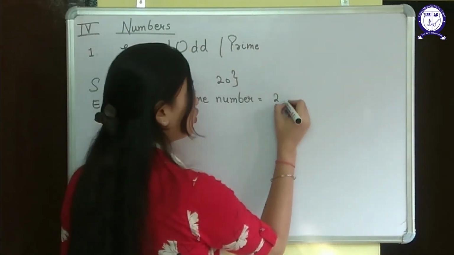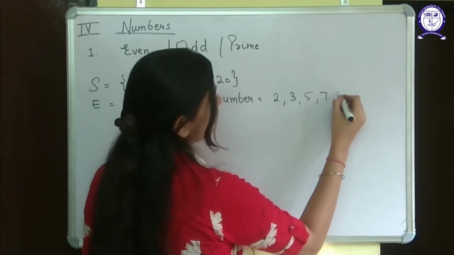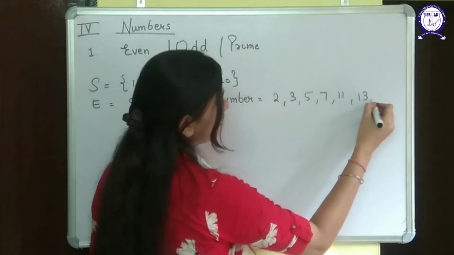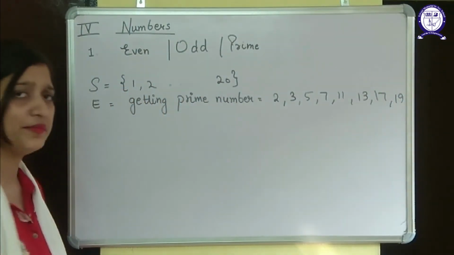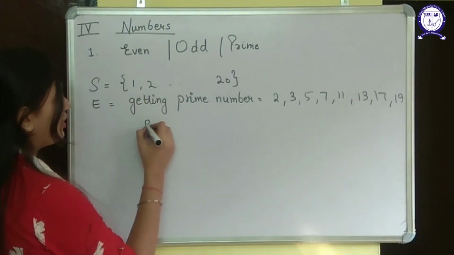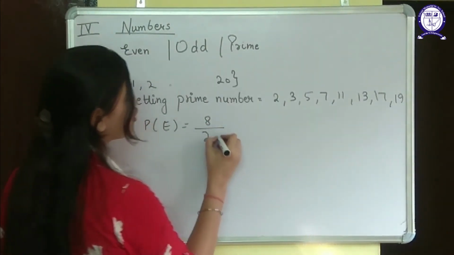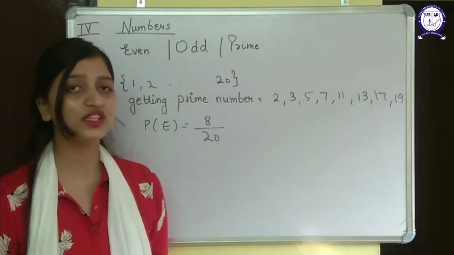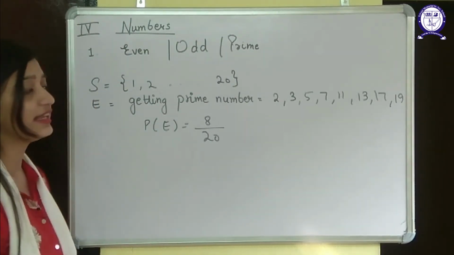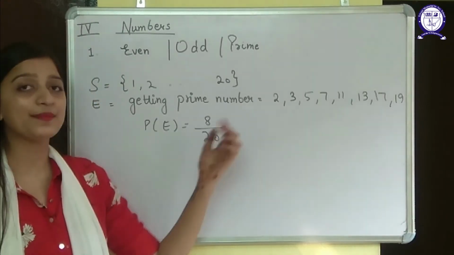They will be 2, 3, 5, 7, 11, 13, 17 and 19. These are my prime numbers. So my probability will be 8 upon 20, because the total is 20 and prime numbers are 8. So these were the simple questions which can be asked, like they can ask for even number, odd number and prime number.